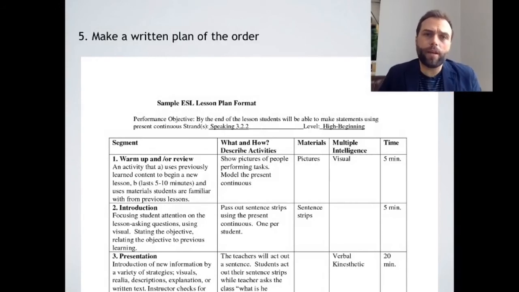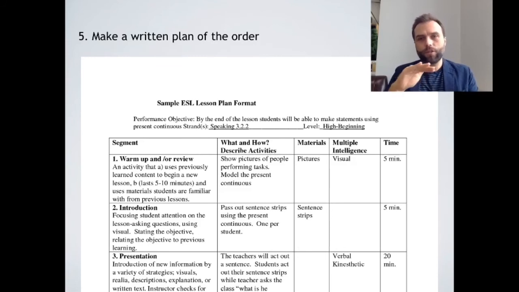It's a good idea to make a basic written plan of the order, okay? Now, in these TESOL courses, or if you're doing teacher training, you're often asked to write detailed lesson plans. But even if you're teaching, it is a good idea to have a basic lesson plan for yourself. Even if it's not perfectly written, just a basic lesson plan can help you.